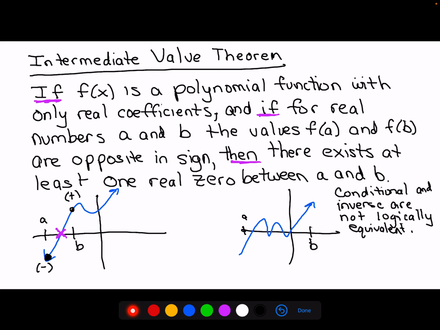So if f of a and f of b are not opposite, then not necessarily no zero between a and b.